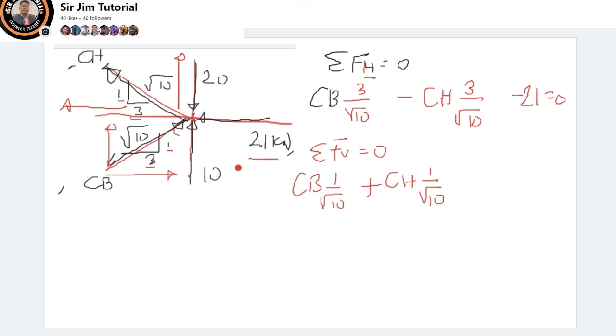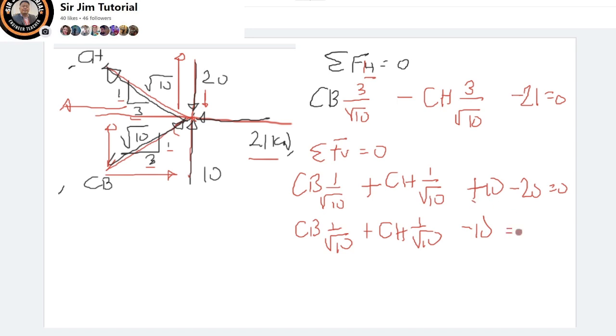Now you have this going up as 10 plus 10, and then going down, minus 20 equals 0. So you have CB 1 over square root of 10, and then CH 1 over square root of 10. Here is minus 10. Plus 10 and minus 20 is minus 10, equal to 0.